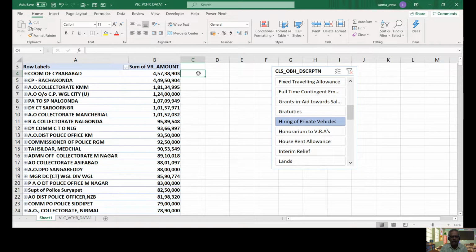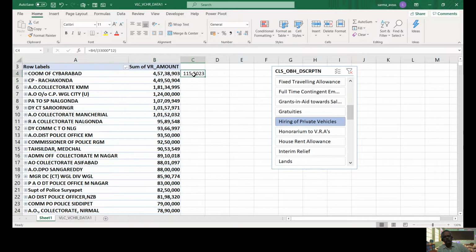Suppose I divide this expenditure by 33,000 into 12, because 33,000 is one month's expenditure and into 12 gives the annual expenditure. If I select this, in a year they have hired 115 vehicles.